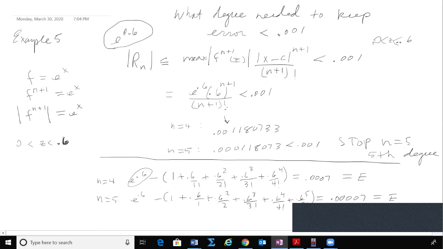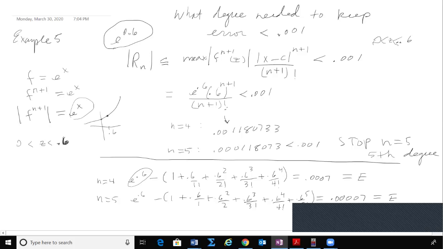And if you look at this function, it has a maximum. e to the x looks like this, and it will have a maximum on the right side of the interval. So if we're going between 0 and 0.6, then it certainly will never get bigger than e to the 0.6.